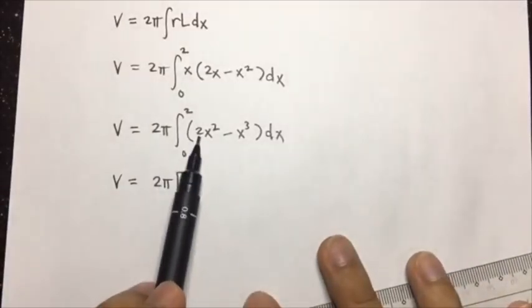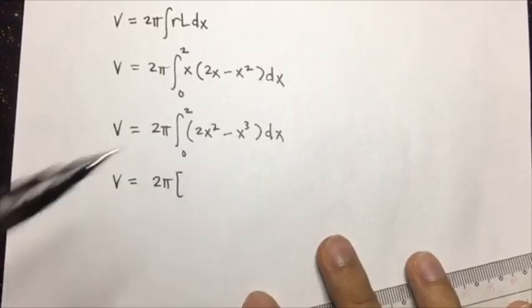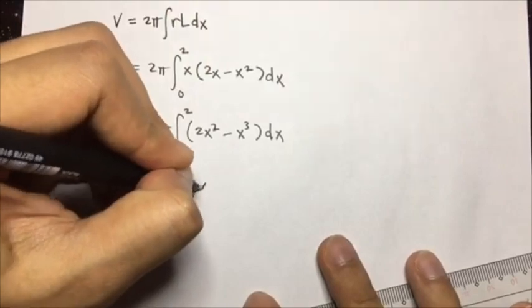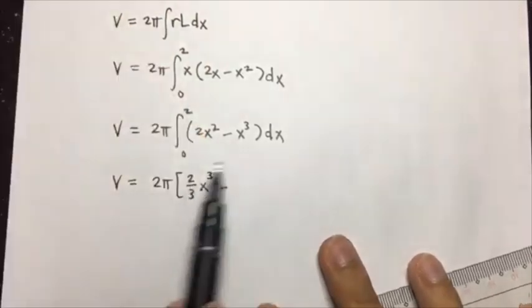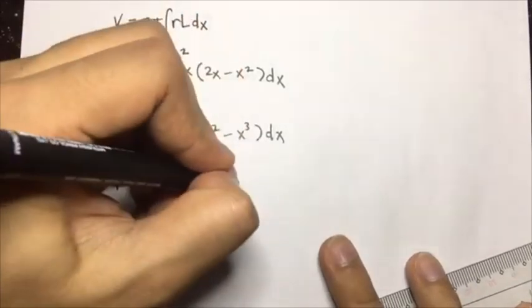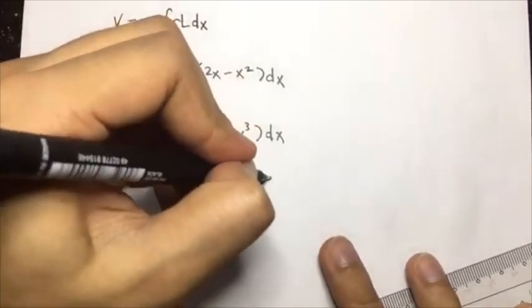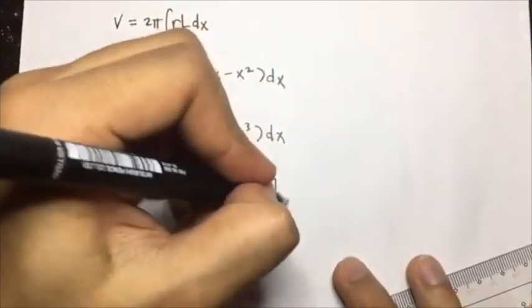Integrating this, the integral of x squared is x cubed over 3, so this will become 2 over 3 x cubed, minus the integral of x cubed, which is 1/4 x to the power of 4, from 0 to 2.